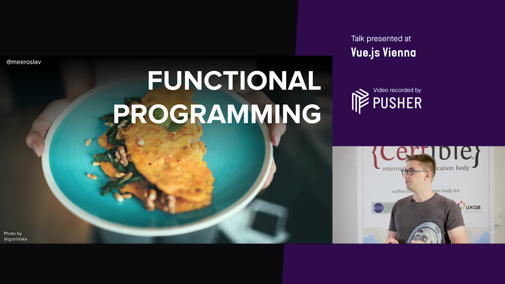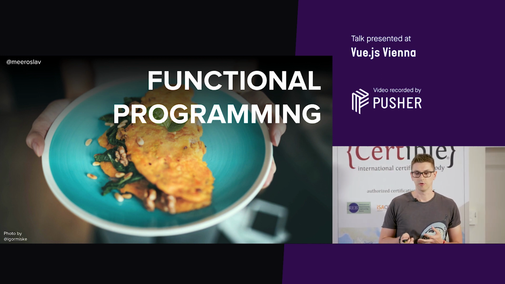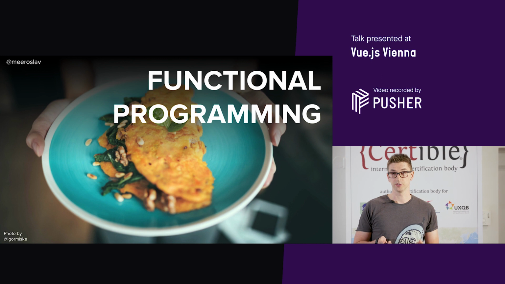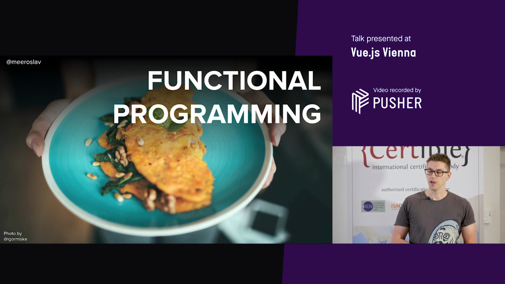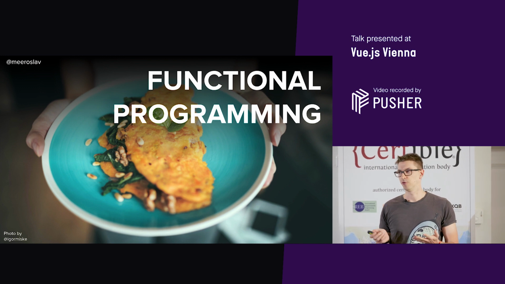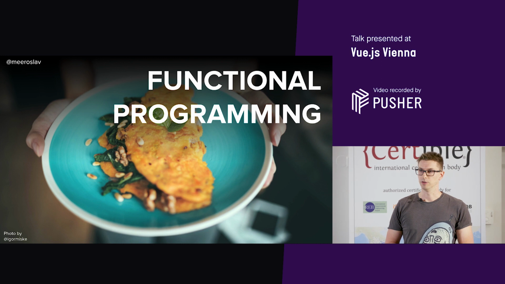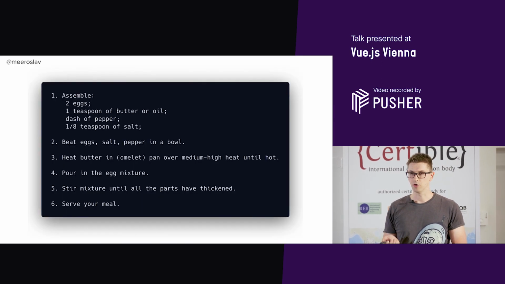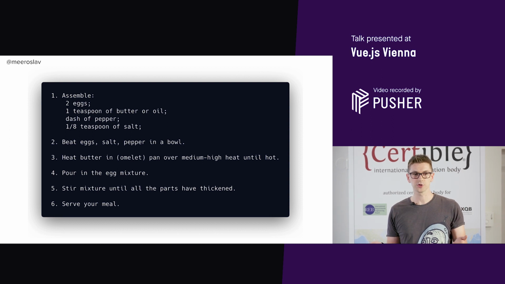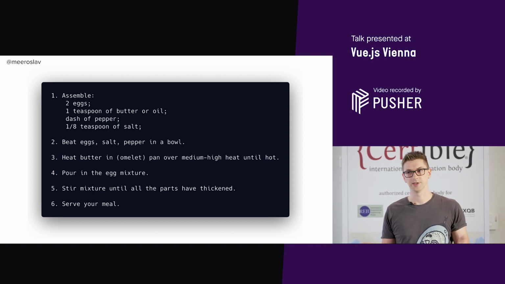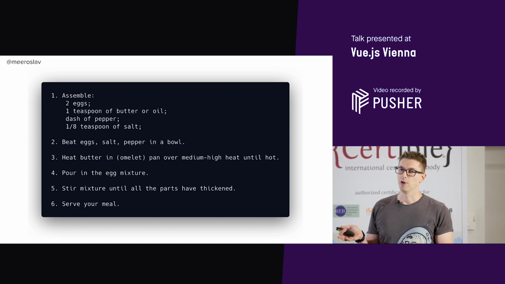Now, maybe it's a bit easier if I explain how functional programming works by showing what functional programming is not. And for this, we're going to have our first eating metaphor for today. On the slide, you can see one omelette. We're going to show how the typical scrambled eggs recipe looks. I'm sure you all made scrambled eggs at least once in your life, but this is generally how every recipe looks.